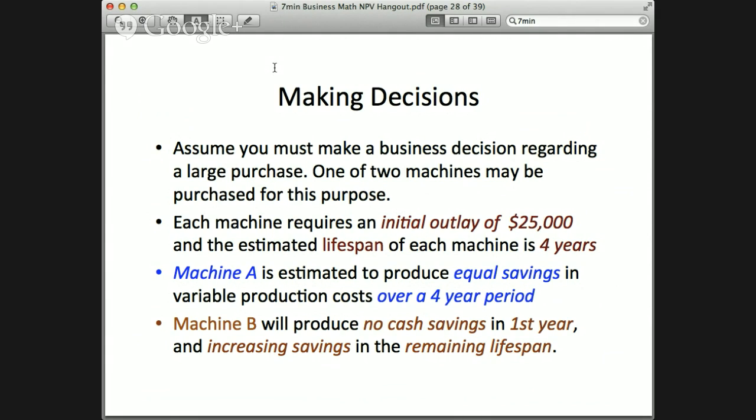Each of those machines has a lifespan of 4 years. Machine A is estimated to produce equal savings of around $10,000 a year, and it's going to reduce your costs over a 4-year period. Machine B will produce no cash savings in the first year, but it will increasingly give you savings for the remainder of its lifespan.